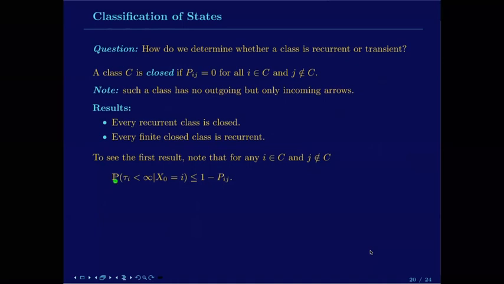If this equals 1, so if we assume recurrence, then this implies that P_ij must be 0, because otherwise we would have a smaller value than 1, which would violate this inequality. So P_ij by that must be 0 for all j outside the class.